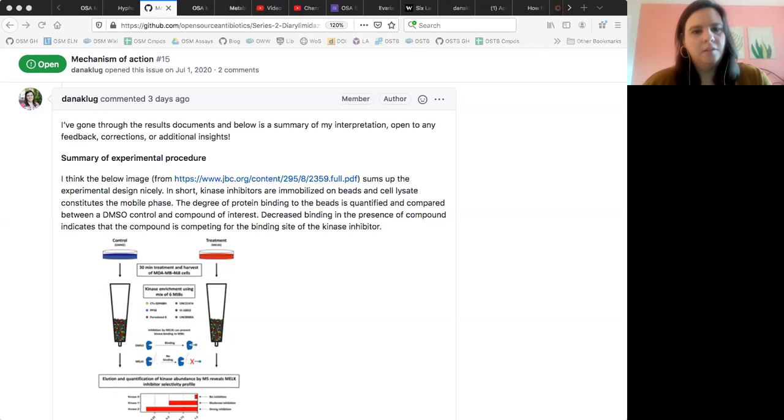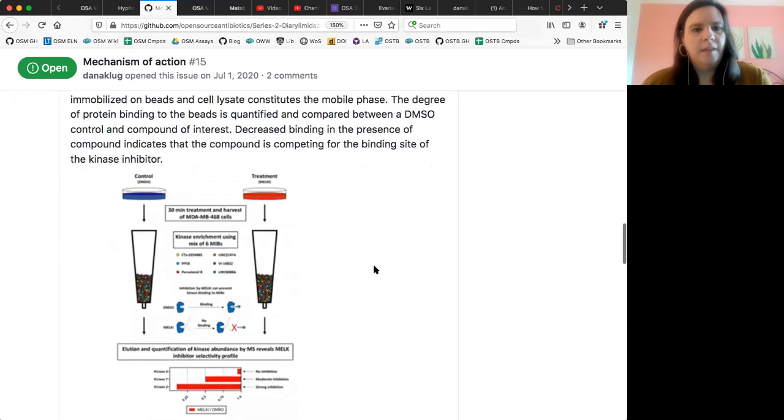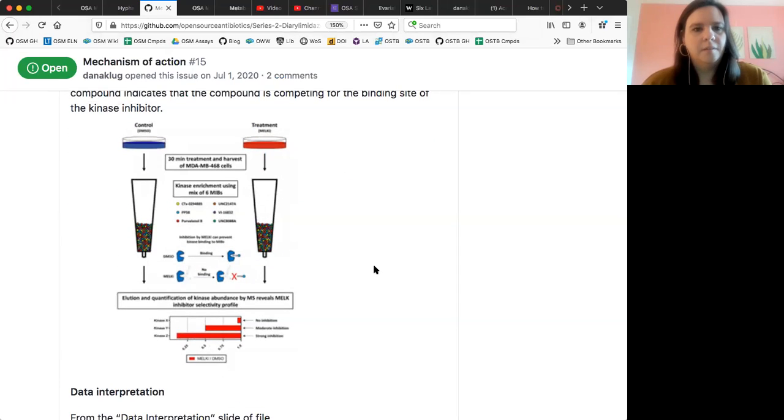And so that's your mobile phase. Basically the kinase inhibitors on the beads will pull down any kinases that they bind to. So if you see decreased binding in the presence of compound, then that's an indication that your compound is out-competing whatever the inhibitor is on the bead that would be pulling down the protein.